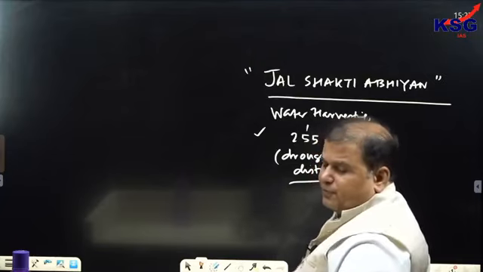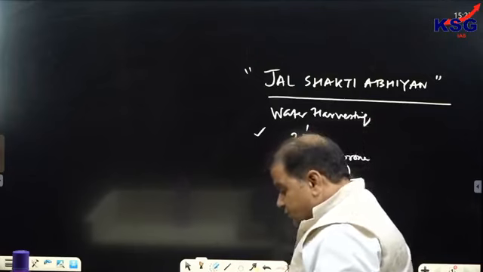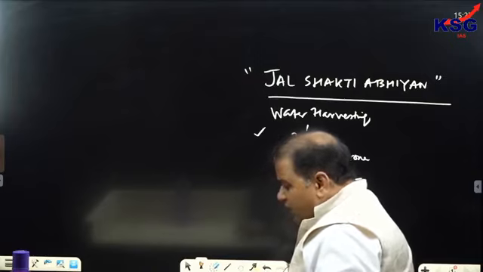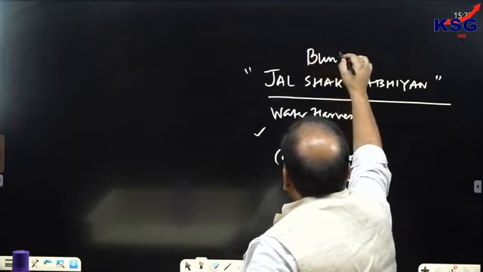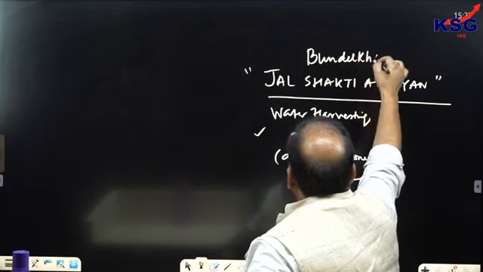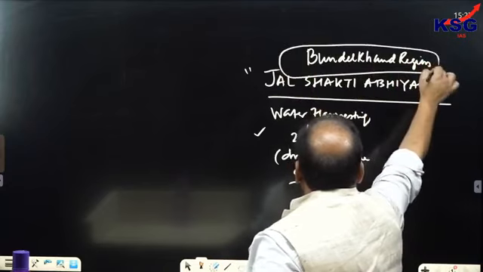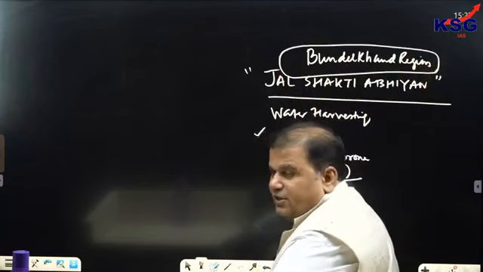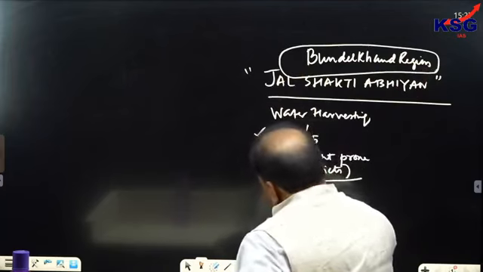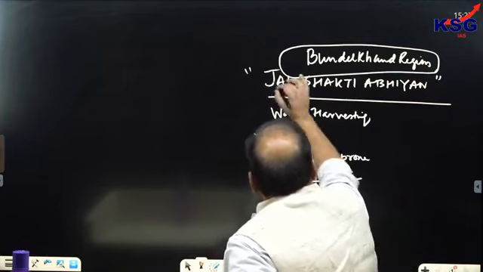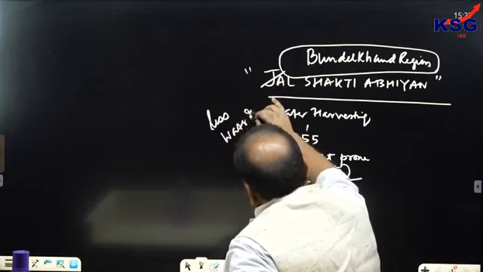The government of Uttar Pradesh provided subsidies to farmers of Bundelkhand region if they cultivate those crops which are less water intensive in nature.